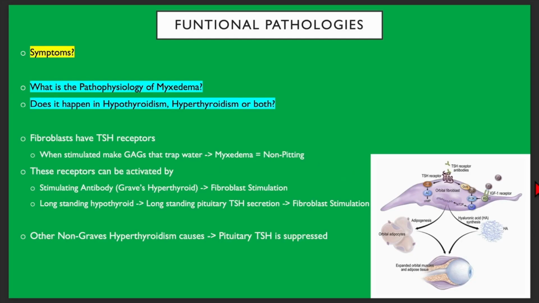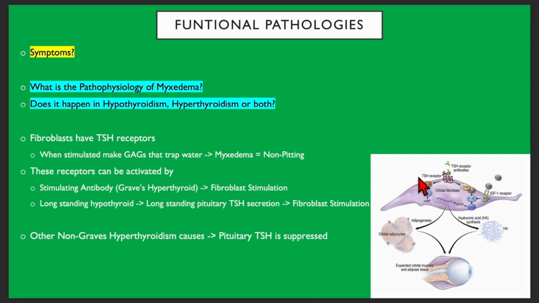So basically, fibroblasts have a TSH receptor as well, and this can be stimulated, of course, by TSH. So too much prolonged TSH overactivity will activate them, as well as antibodies to the TSH receptor, which are stimulating. So for TSH receptor antibodies, we have stimulating and blocking.